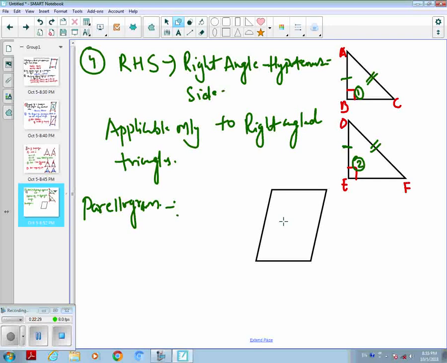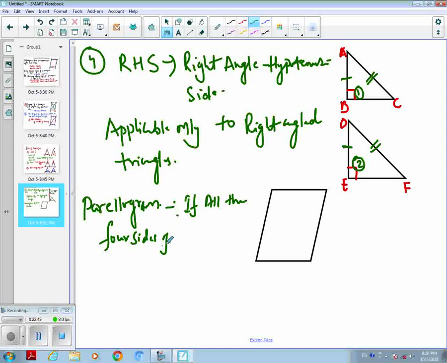If all the four sides of a parallelogram are equal, then it is a rhombus.